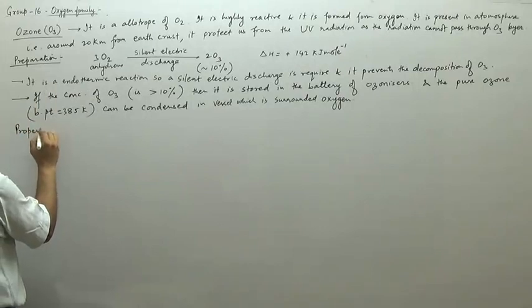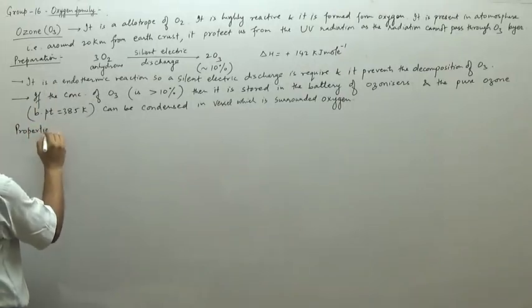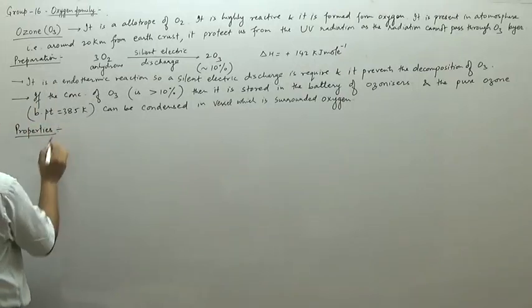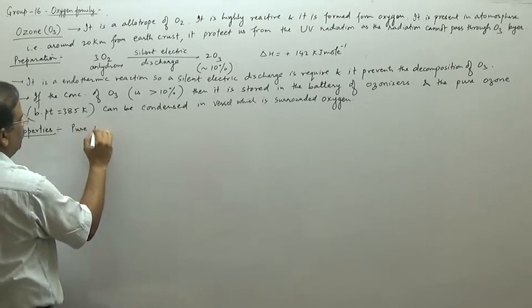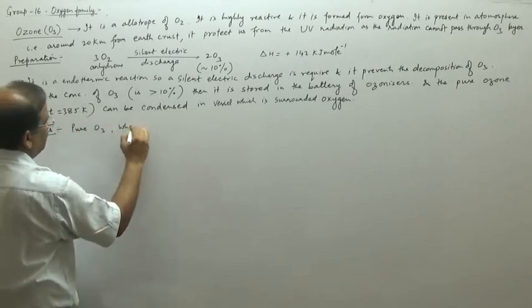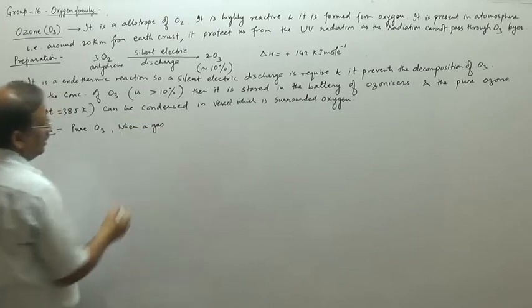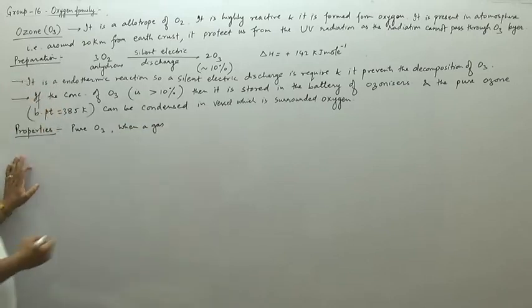If I discuss the properties of ozone, I can write like this: pure O3 as a gas is pale blue.